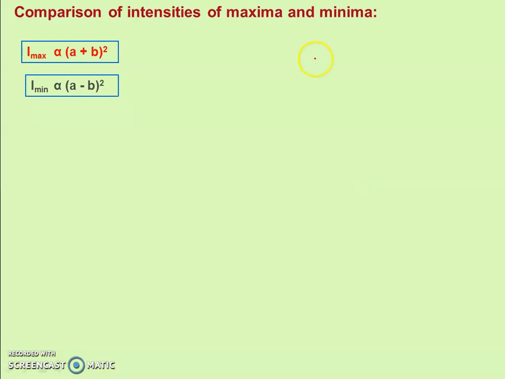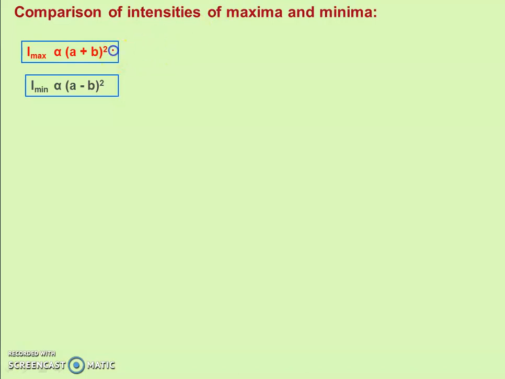Now, comparison of intensities of maxima and minima. The intensity of maxima is directly proportional to (A plus B) whole square, and I minimum is directly proportional to (A minus B) whole square.